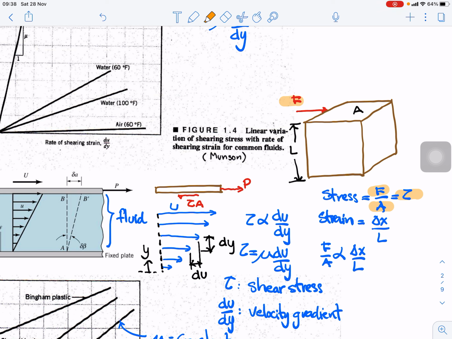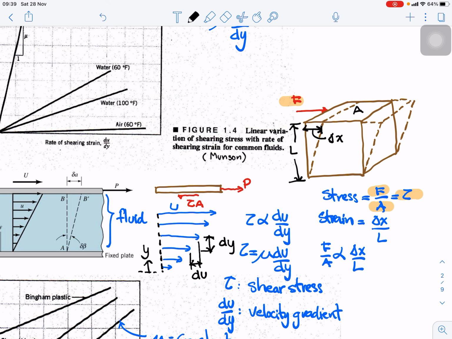When the fluid is deformed, it is deformed like this, and we can measure the distance change, which is delta x.